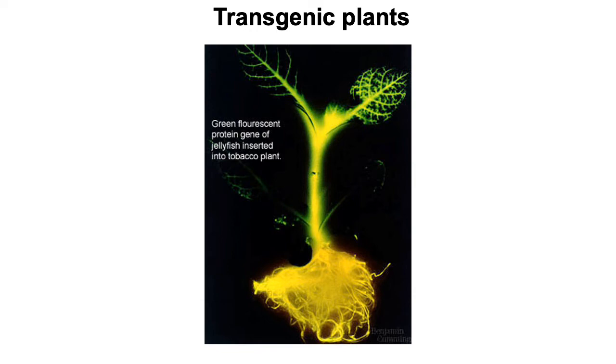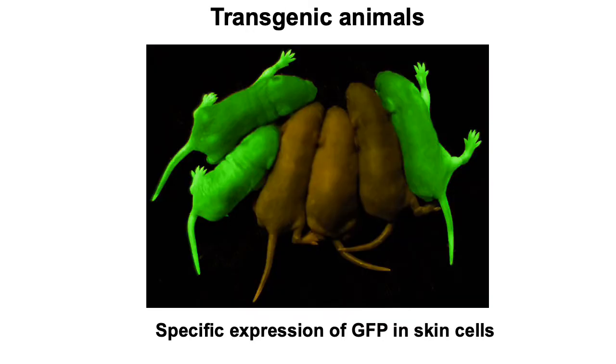And so again, we can have transgenic plants. These plants here are expressing green fluorescent protein. And we'll talk some more about transgenic plants in a minute. But you can also generate transgenic animals. Here, obviously, these are mice, and we can see that some of them are expressing green fluorescent protein on their skin.